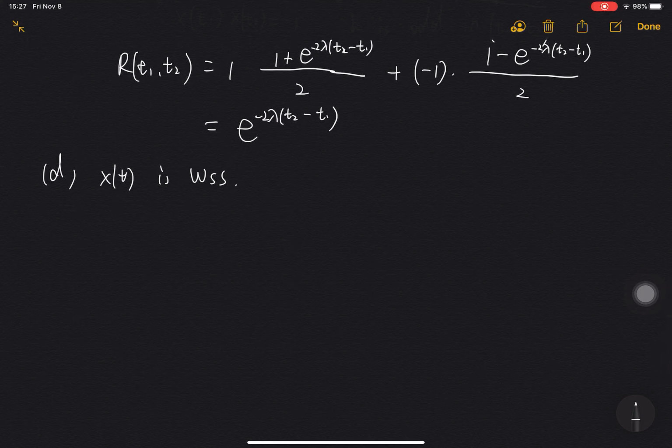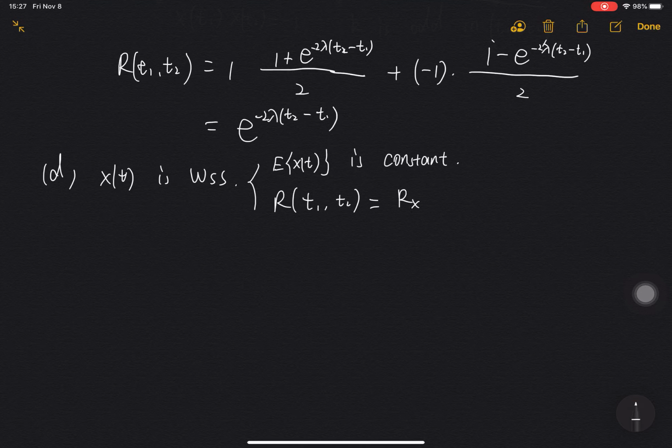There are two conditions in WSS: the expectation of X(t) should be a constant, and the correlation of T1 and T2 should be a function of tau, where tau equals T2 minus T1.